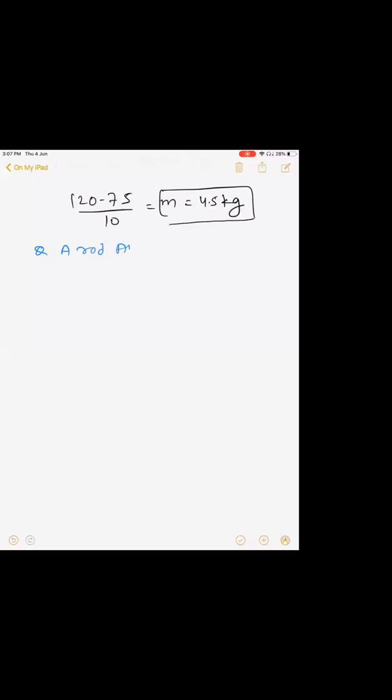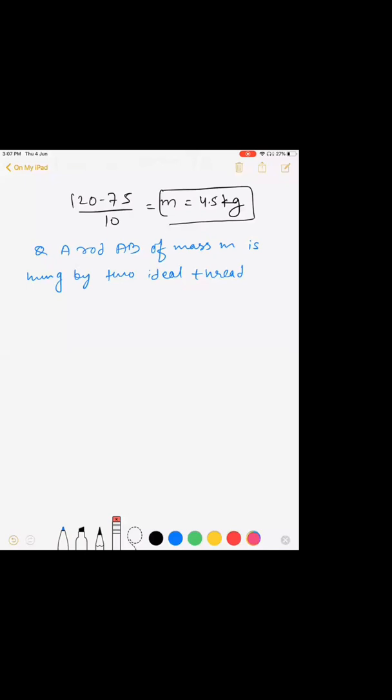A rod AB of mass small m is hung by two ideal threads. Find ratio of tension in the two threads.